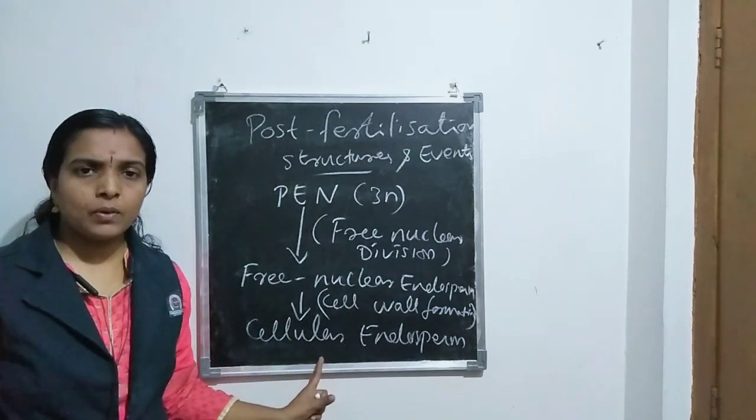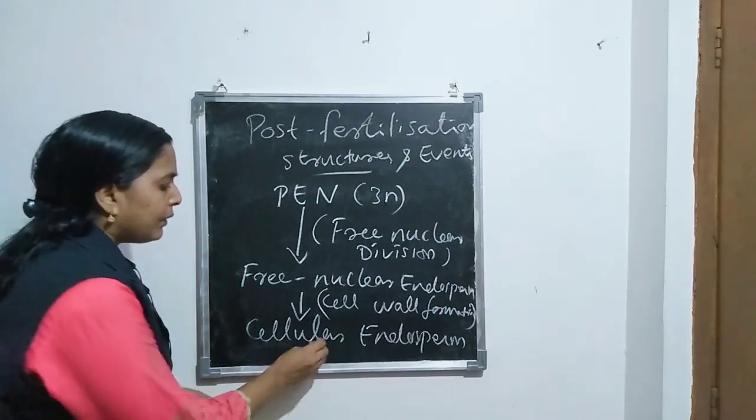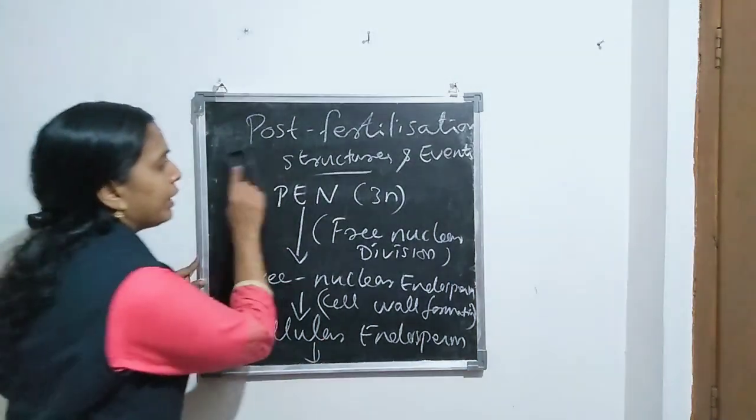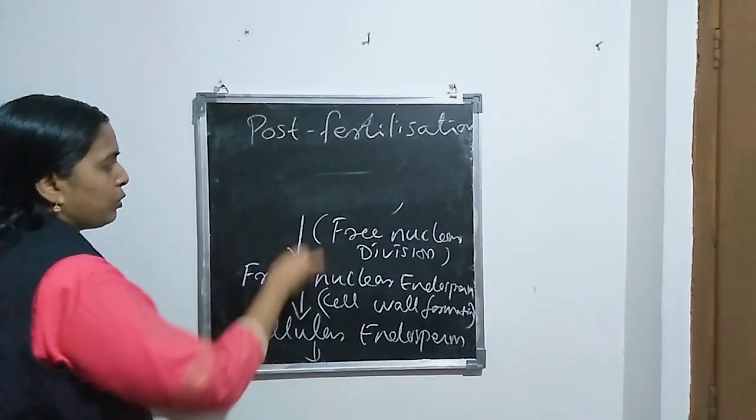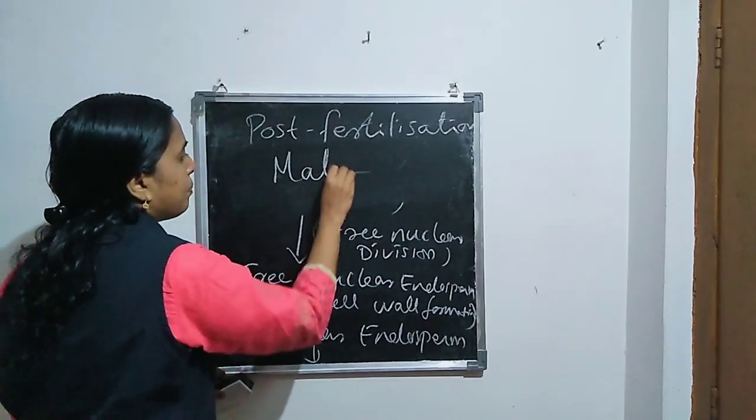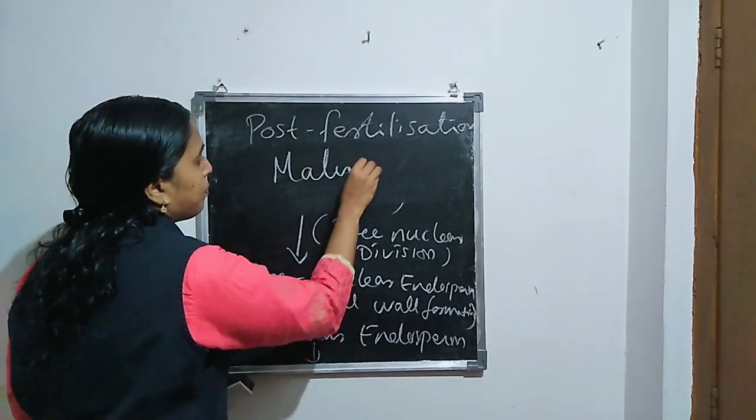That endosperm is known as cellular endosperm. Then the final product is mature endosperm. Last, it becomes mature.